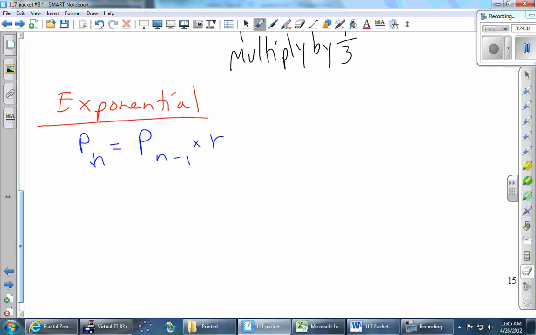That's the recursive version, where you just keep saying continue to multiply over and over and over again. The explicit version, which turns out to be a whole lot more useful if you can get your hands on it, is this. It's the start amount times that common ratio raised to the n.